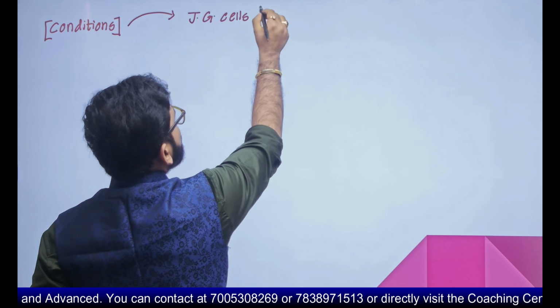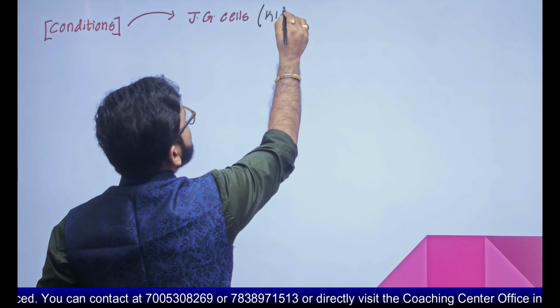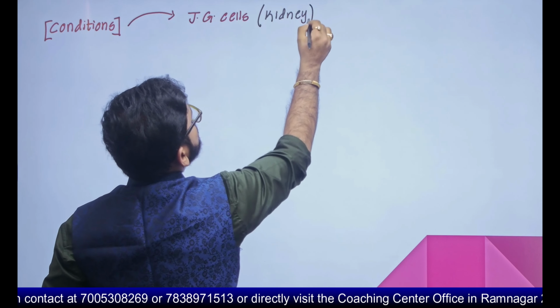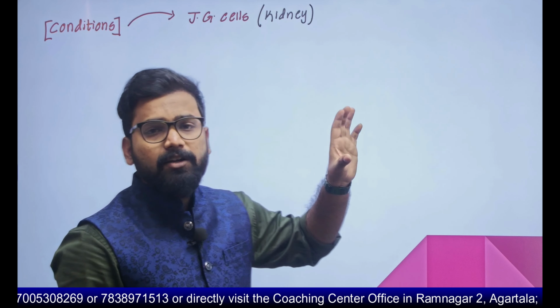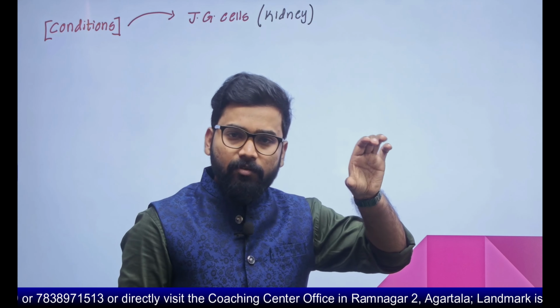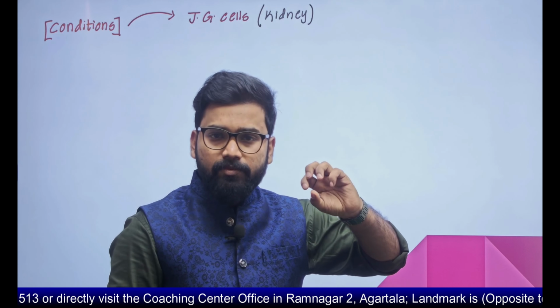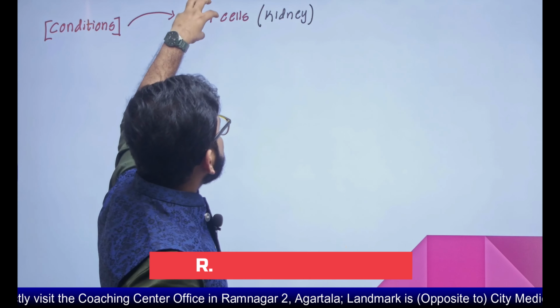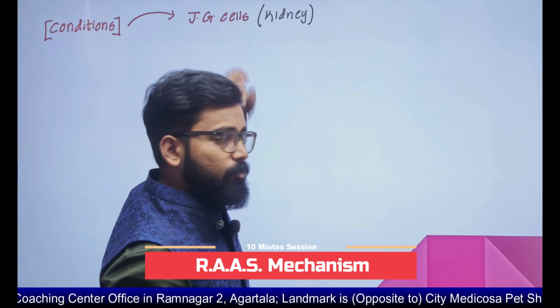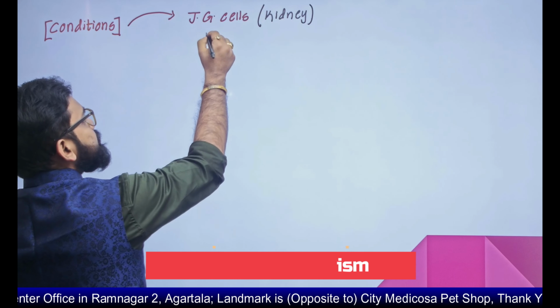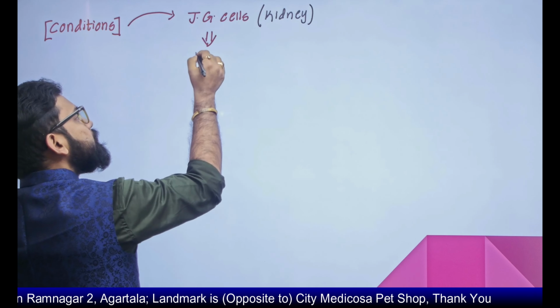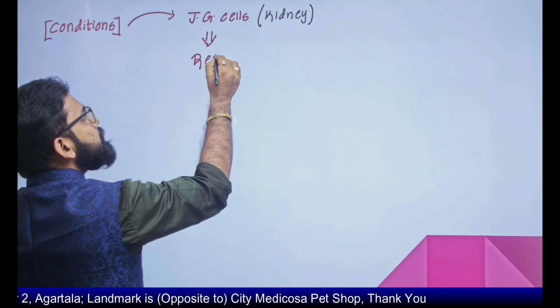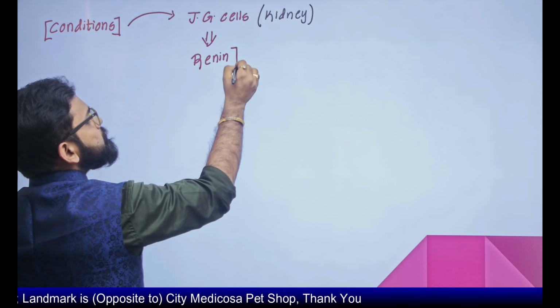In which organ are they present? They are present in the kidney. There is an apparatus called the juxtaglomerular apparatus formed by the DCT and the Bowman's capsule. So these JG cells, that is the juxtaglomerular cells, release renin.